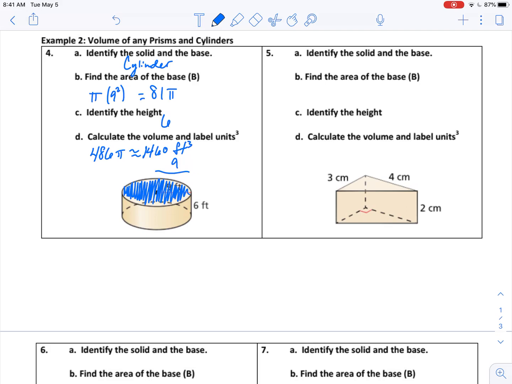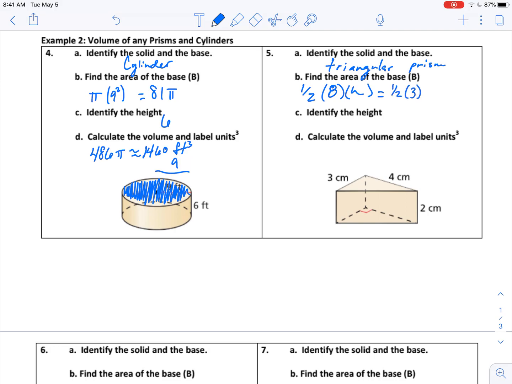So the area of a triangle, since this is a triangular prism, the area of that base of the triangle is going to be 1/2 of the base times height.